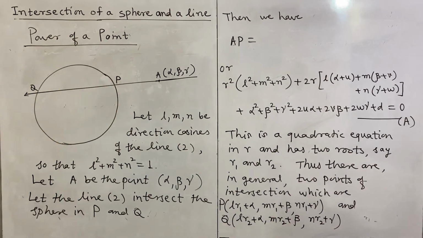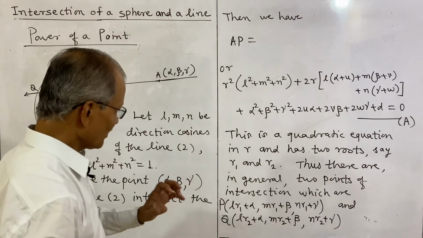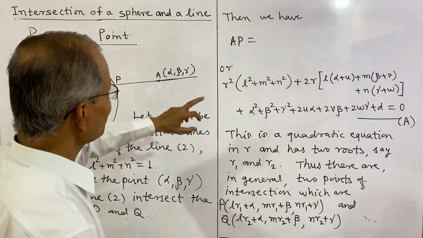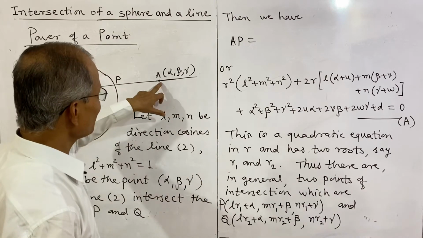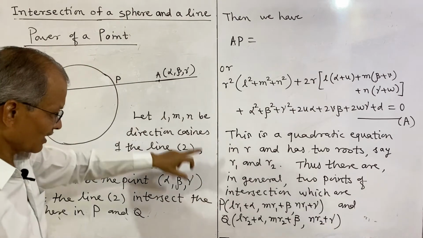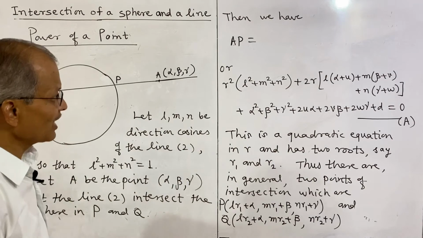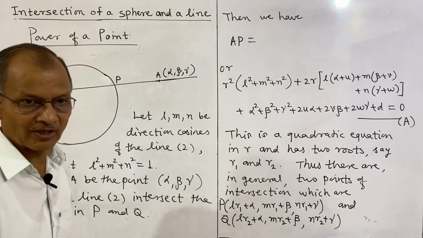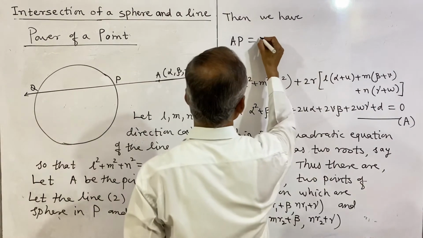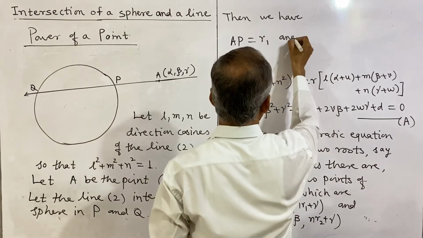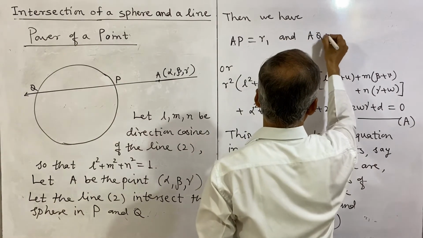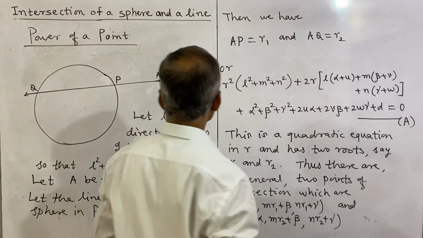These are the 2 points. And now you see what is the AP distance. So the point A we have supposed as alpha, beta, gamma. Then the AP distance will be r1. You can use the distance formula and verify this. Then AP is equal to r1 and AQ is equal to r2. How is it so?